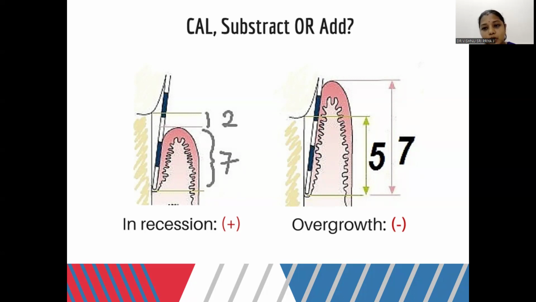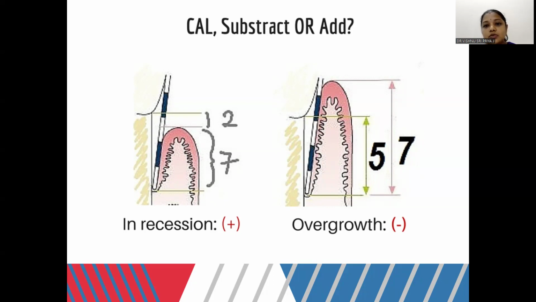We are measuring the whole pocket depth from the free gingival margin to the base of the pocket as 7 mm. And then we actually want to obtain CEJ to the base of the pocket, which is clinical attachment loss. So that value, which is 5, is obtained by subtracting from 7 the free gingival margin to CEJ distance, that is 2, which is actually not shown in this picture.